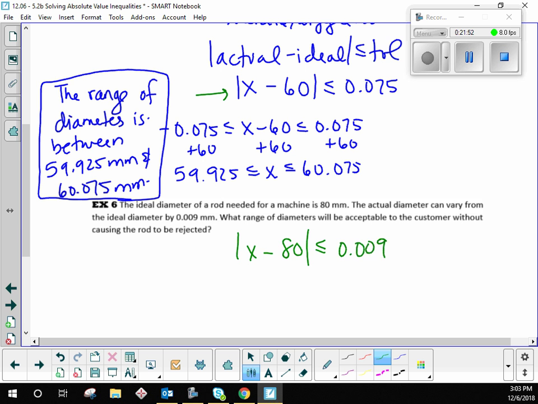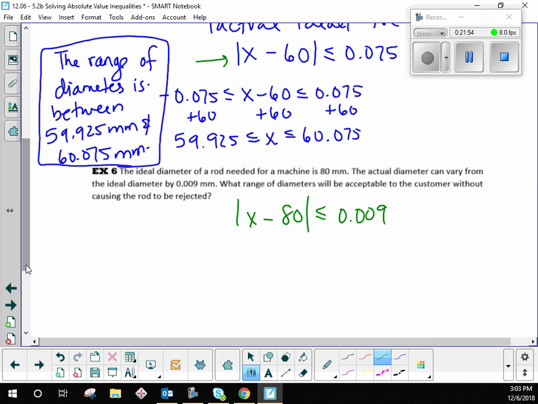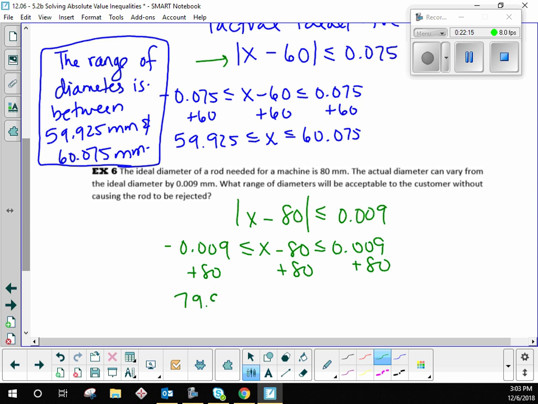And then you broke that up into a compound inequality with a negative version on the left and a positive version on the right. And then added 80 everywhere. And what did that give you on your left? Good. And on the right?